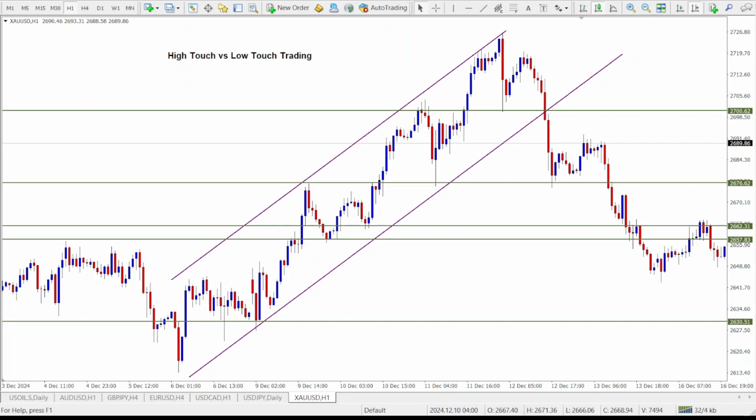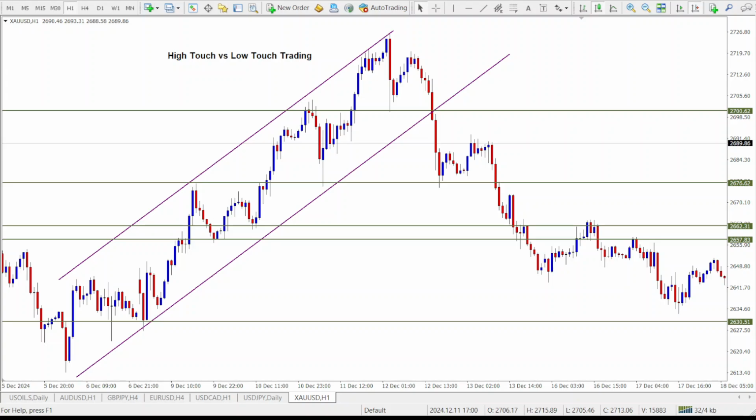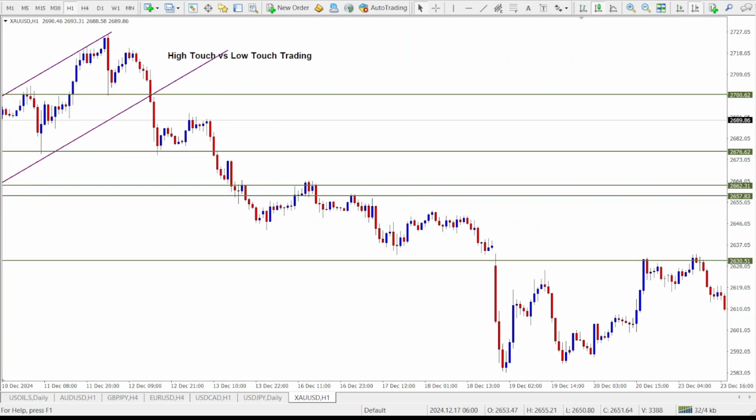But suddenly, let's say there happened to be an economic event or one thing or another that resulted in a change in market situation. Now, high touch trading is going to give you that leverage of making necessary adjustments in real time, right? Because you are in total control of the trades.